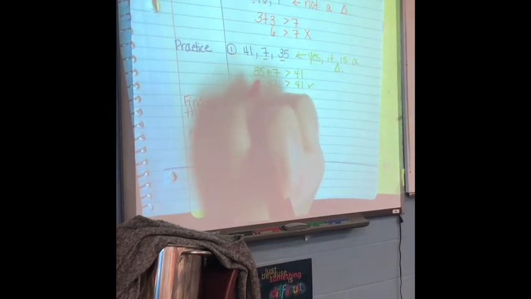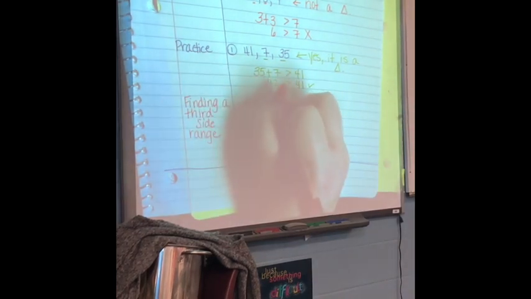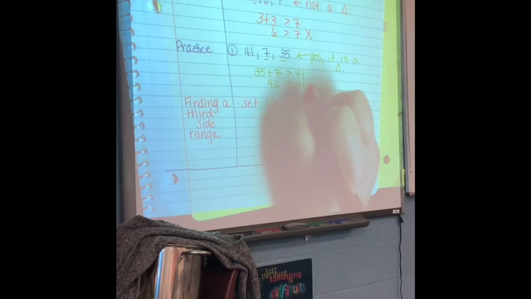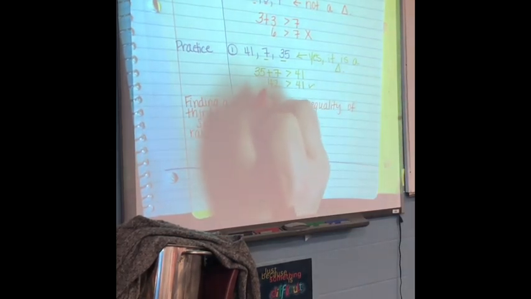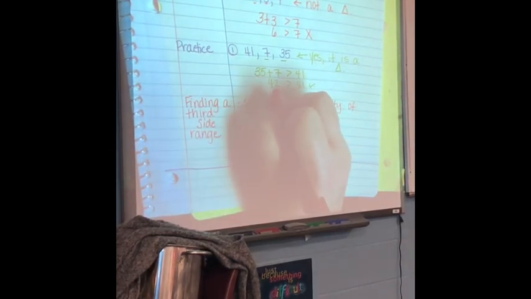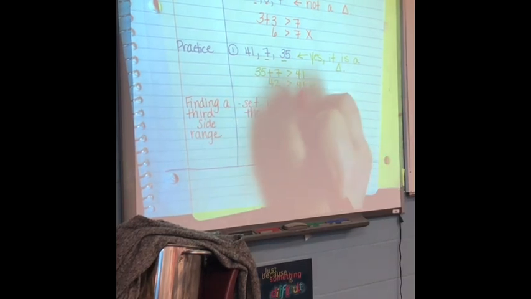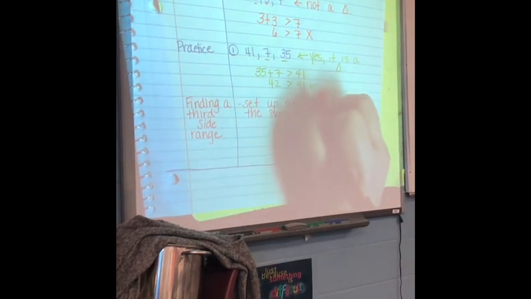So we're going to set up an inequality of the sum and difference.